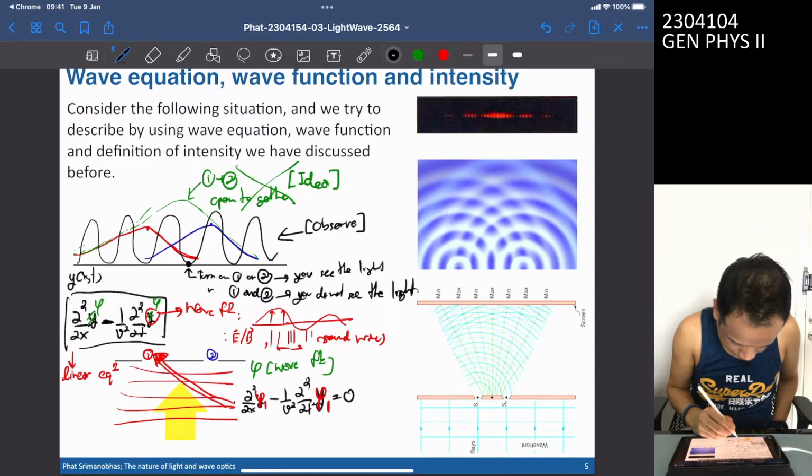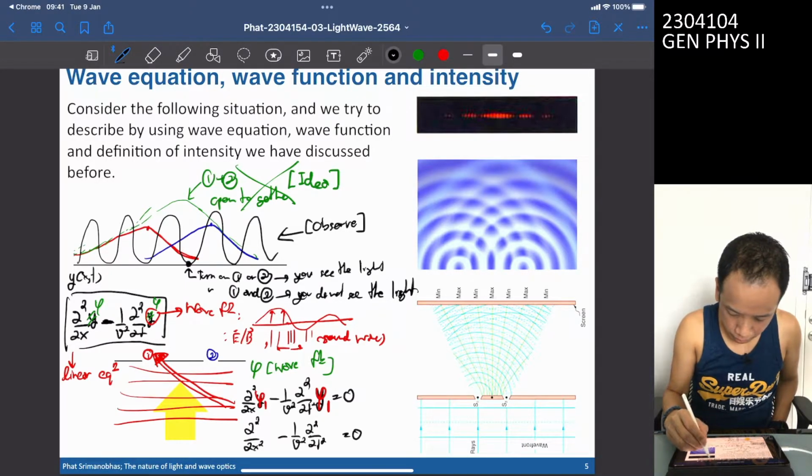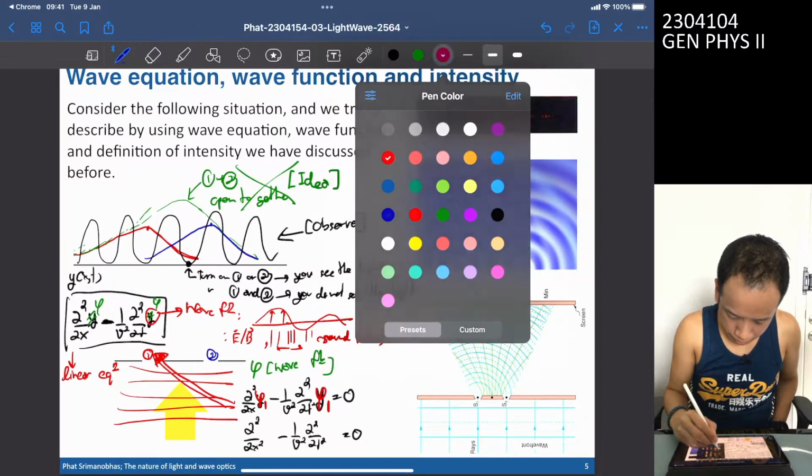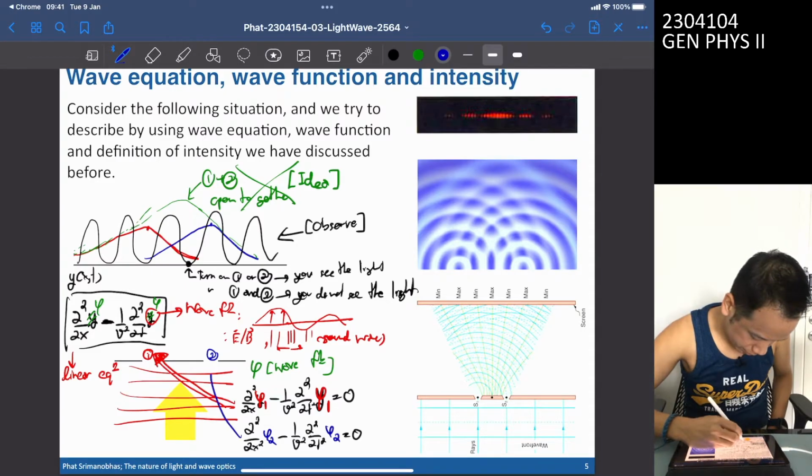Then you have the second equation, which corresponds to psi 2.